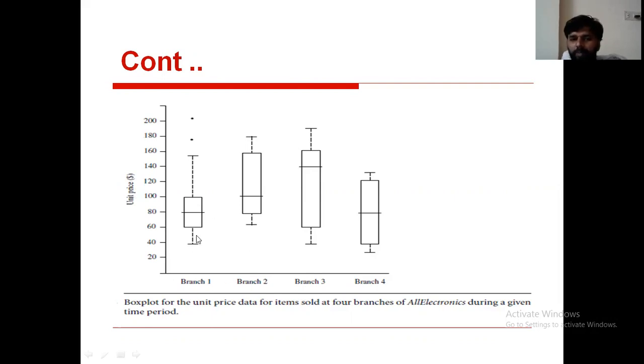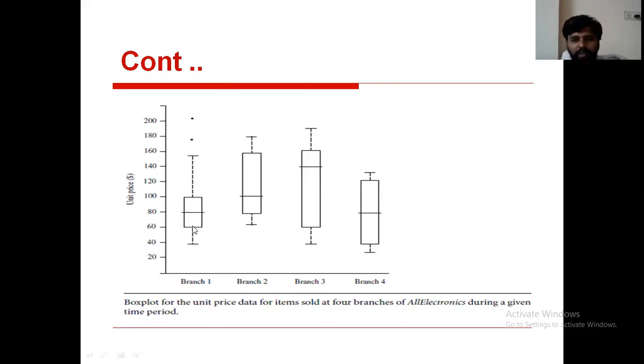At branch 1, the unit prices begin from 40 and end at 150. In branch 2, the unit price begins at 60 and ends at 180. Like this, box plots disperse the data.